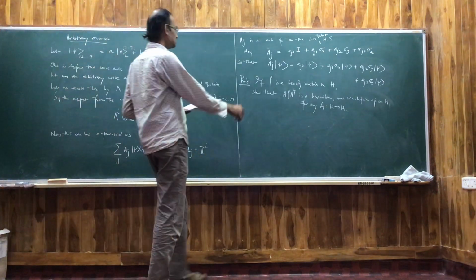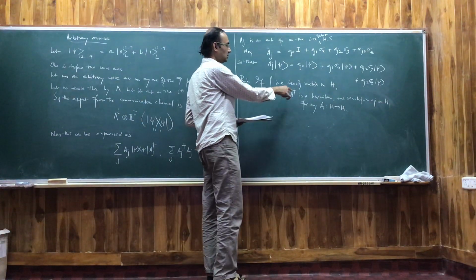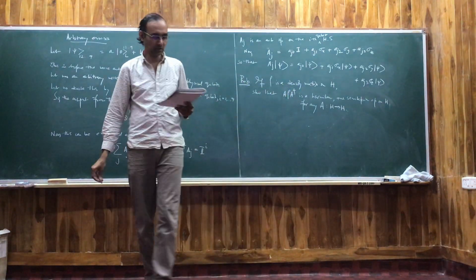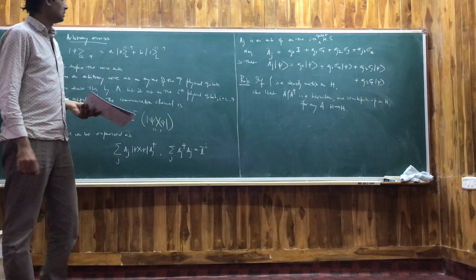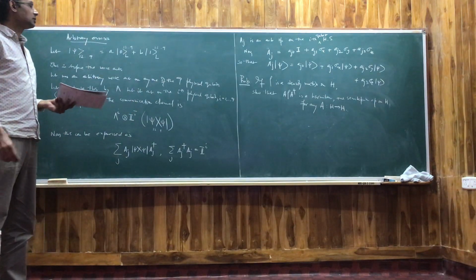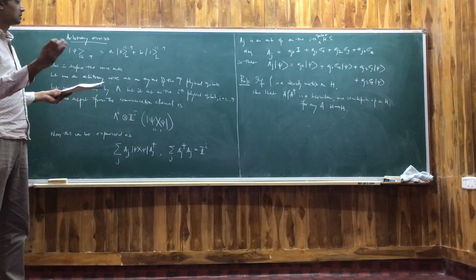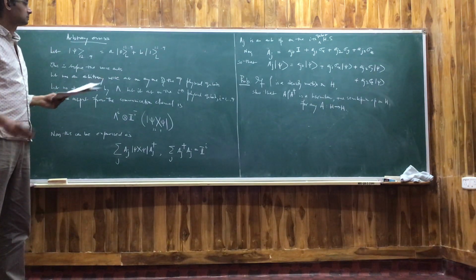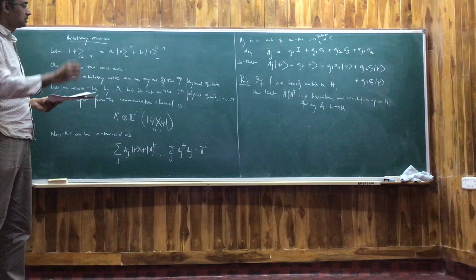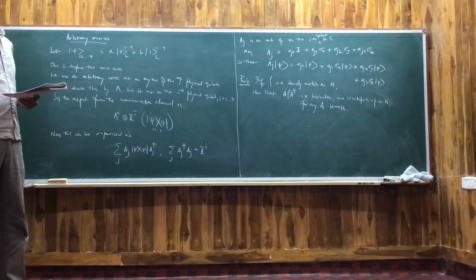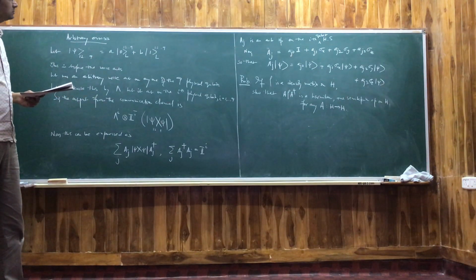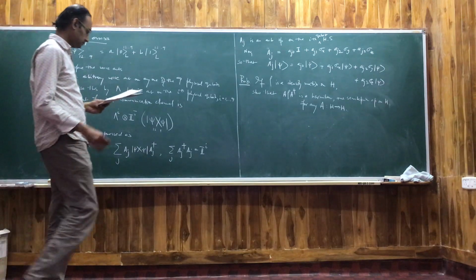You take the Hermitian conjugate, you will see it's the same thing. And the positivity, you take an arbitrary vector, you will see that the expectation is always positive. So I'm not doing it.